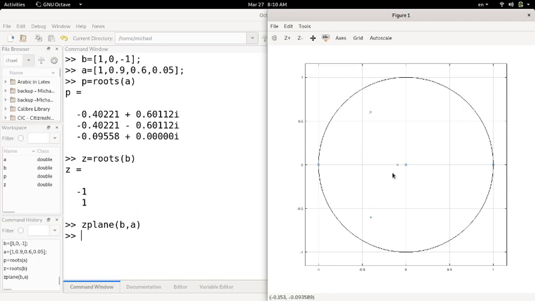Looking at the output of this command, zplane, now we can see that this system can be both causal and stable because the three poles we have are located inside the unit circle. So choosing the ROC to be going outward, outside of the outermost pole, or these two actually, now we can have a system which is causal and stable.